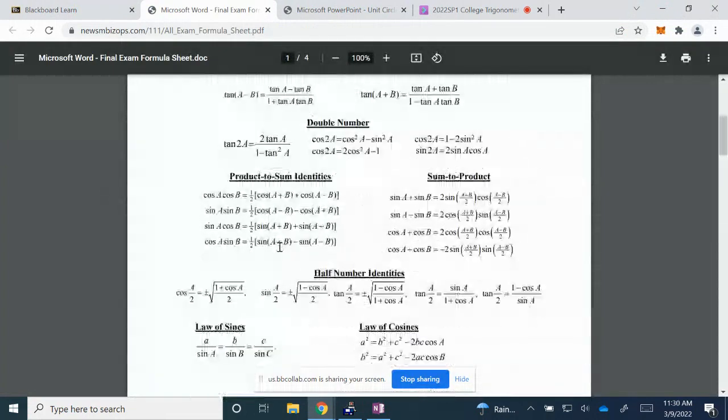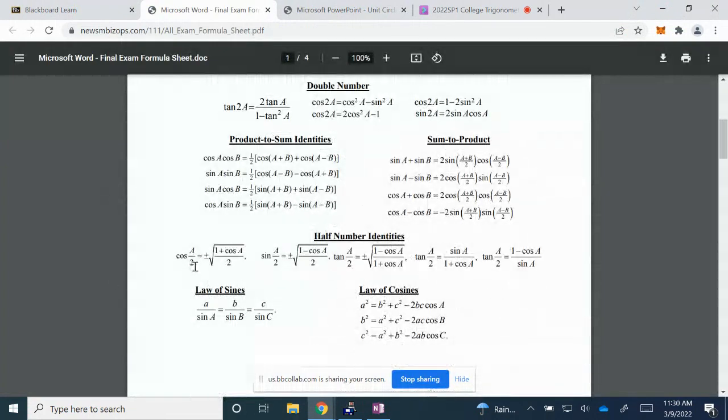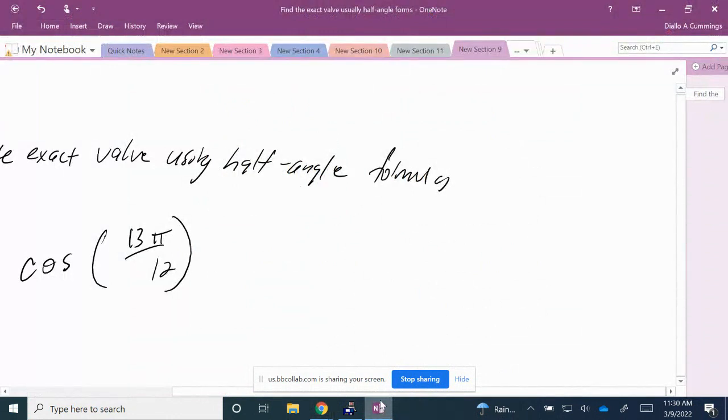All right, under our half number identities, we see here is the half angle for cosine, and it says that the cosine of A over 2 is equal to plus or minus the square root of 1 plus cosine A divided by 2, right? So that's the formula that we're going to use.